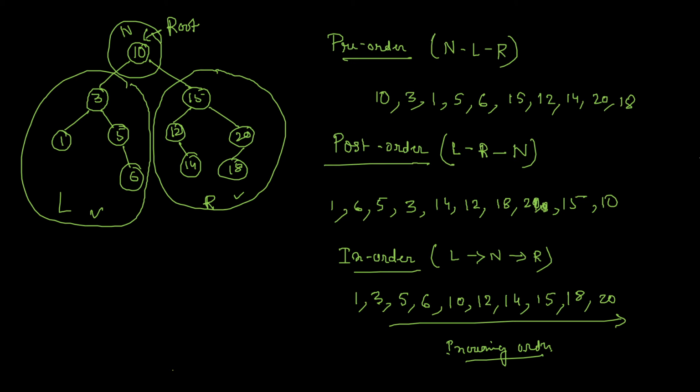If we have this tree over here on the left hand side, and the corresponding traversal order is this, then one thing is very clear, that the root is 10. So if you check the position of 10 in the different types of traversal, what can we see?